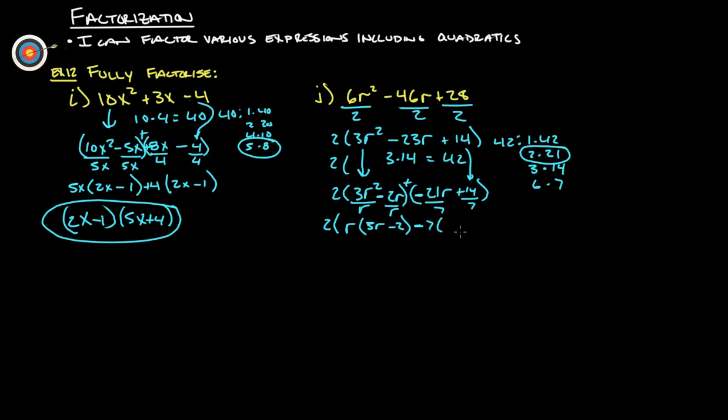So we factor negative 7 out, and we're left with negative 21r over negative 7 is 3r, and 14 over negative 7 is negative 2. Notice these two match. That's exactly what we wanted. So we have 3r minus 2 is one of the factors, and then r minus 7, the leftover, is the other factor. And then don't forget our 2. Our 2's got to come along here as well, and that's our factored form of this here.